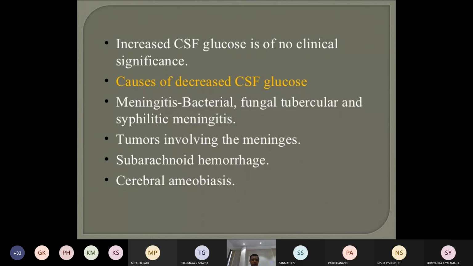But a major decrease is very significant and useful for diagnosis: bacterial or fungal meningitis, tumors involving the meninges, subarachnoid hemorrhages, or cerebral amoebiasis.